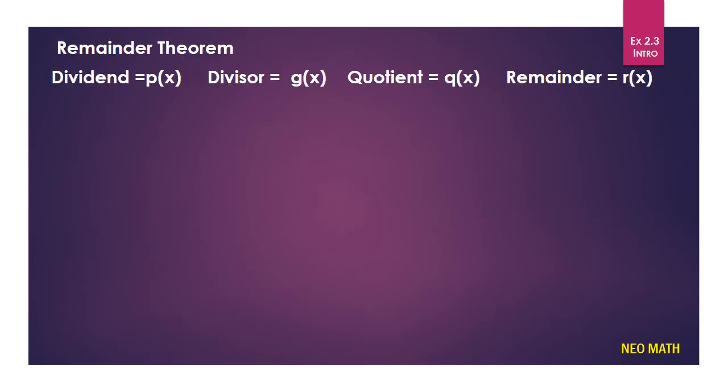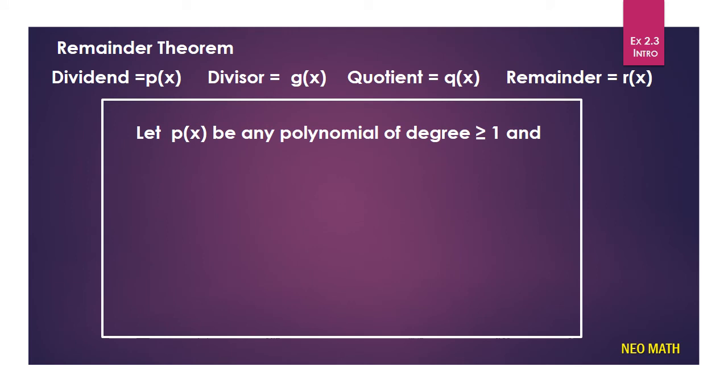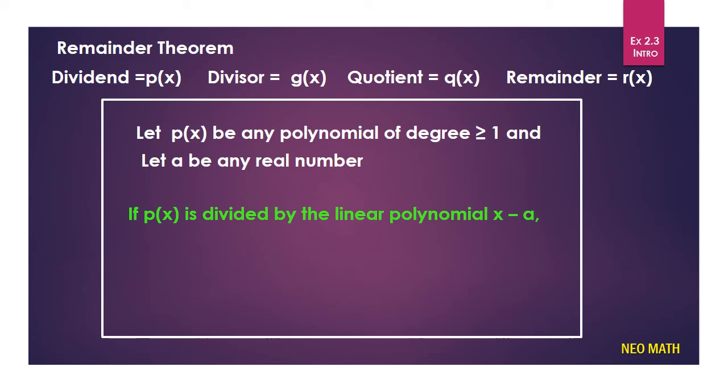Now we discuss the remainder theorem. Let p of x be any polynomial of degree greater than or equal to 1, and let a be any real number. If p of x is divided by the linear polynomial x minus a, then the remainder is p of a.